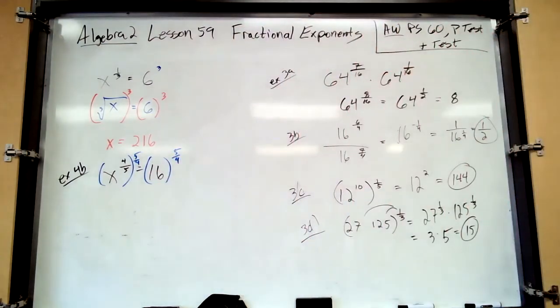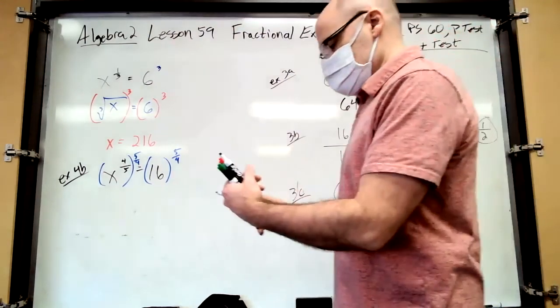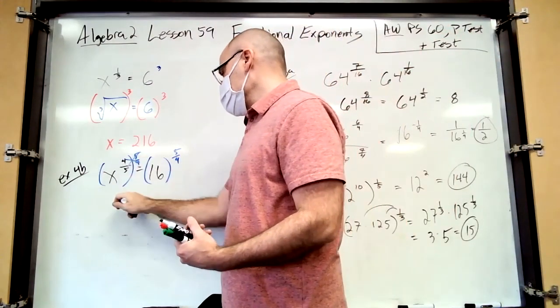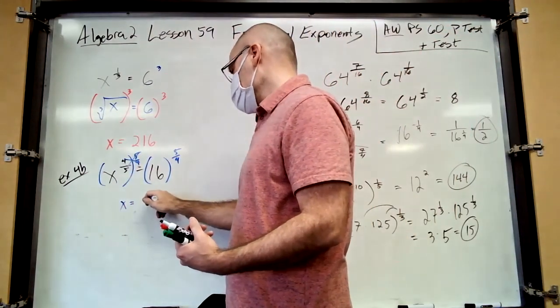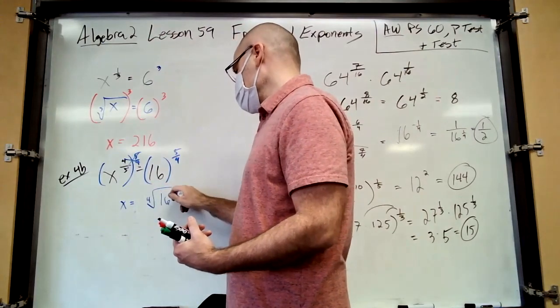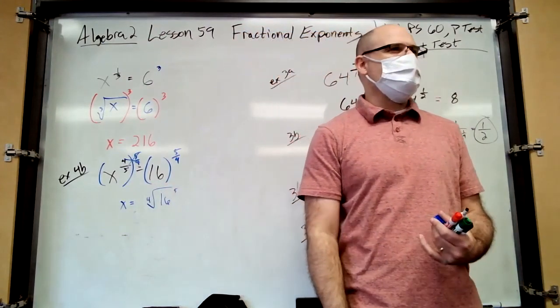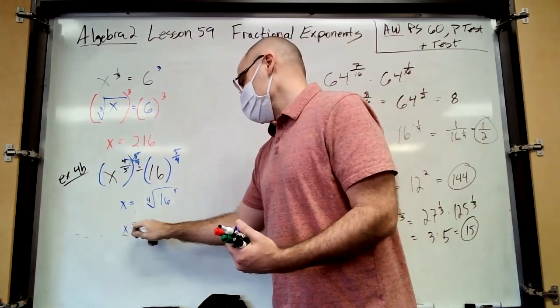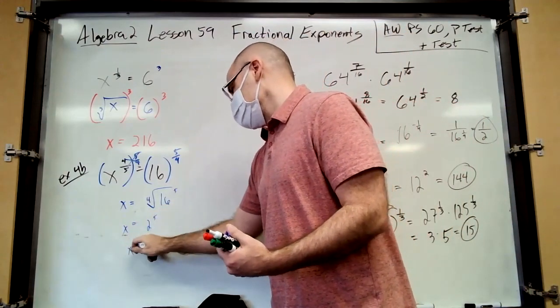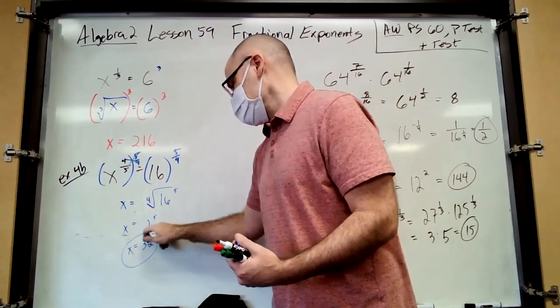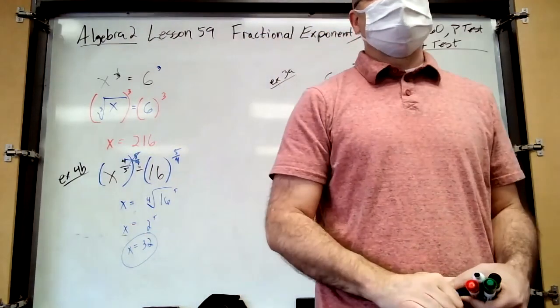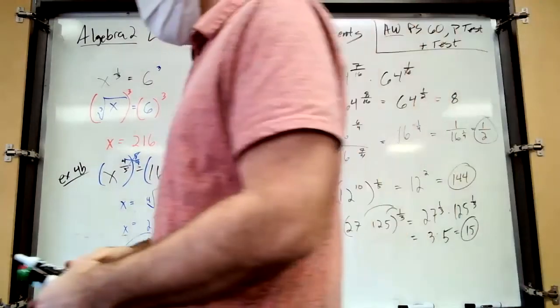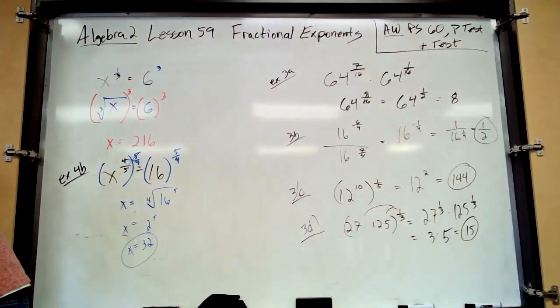Then that cancels, and you get x equals the 4th root of 16 to the 5th. Let's find the 4th root first. What's the 4th root of 16? 2. So 2 to the 5th equals 32. That worked.